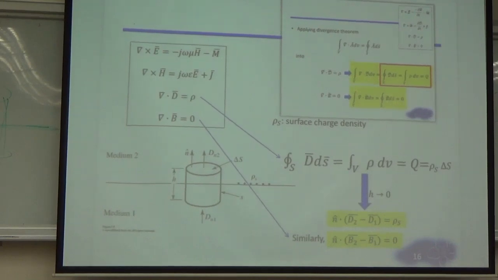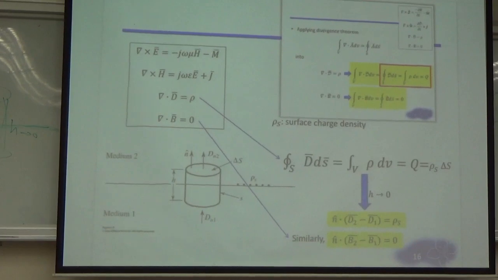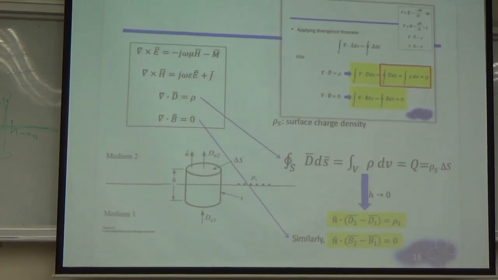The height of the cylinder h is very close to 0, but not 0. It's a very flat cylinder.